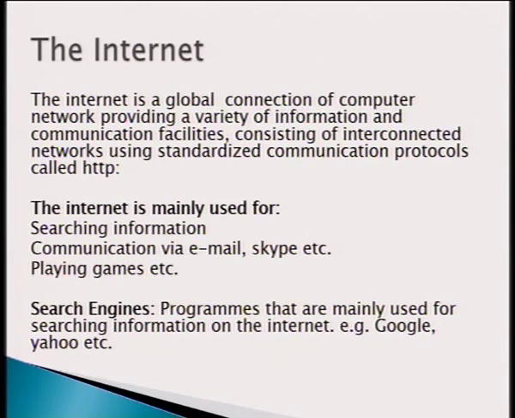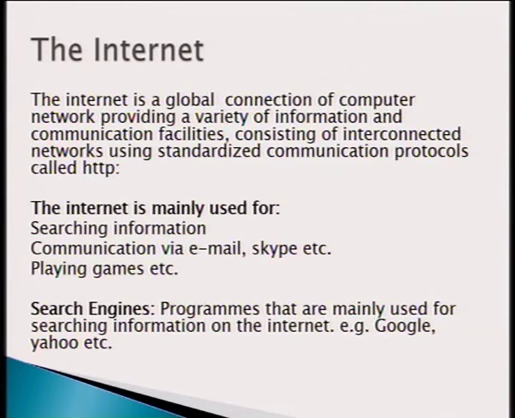Now, when we talk about searching for information on the internet, there are specific websites that allow you just to search for information. These specific sites are called search engines. Search engines are programs that are mainly used for searching information on the internet.